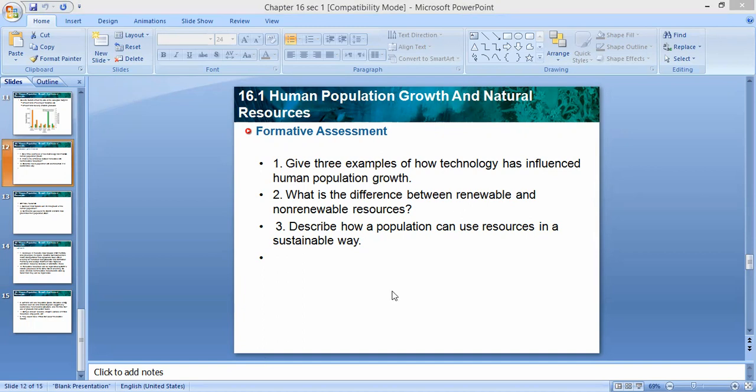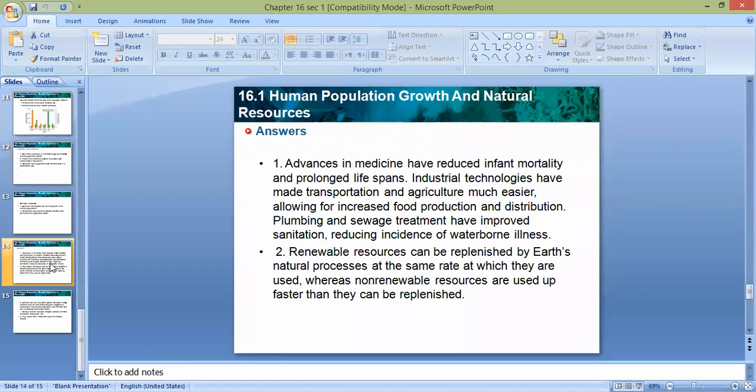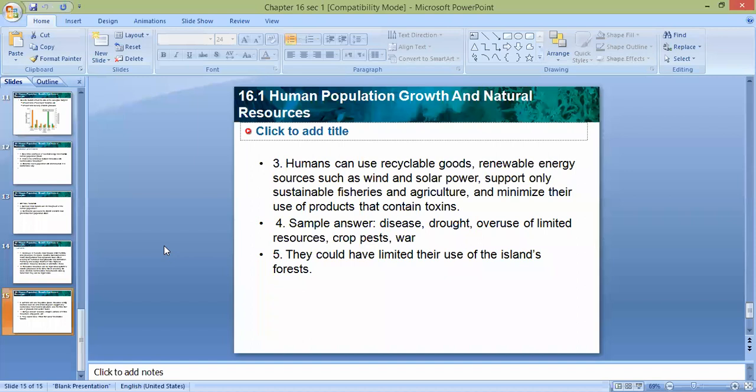Yes, Myrna. You want to say? أنا أمس كنت بحكي إنه عن reuse والreduce. بس إنه الجواب: humans can use recyclable goods, renewable energy sources such as wind and solar power, support only sustainable fisheries and agriculture, and minimize their use of products that could contain toxins. وزي ما حكى سامي كمان الكارز اللي هو على electricity برضه.